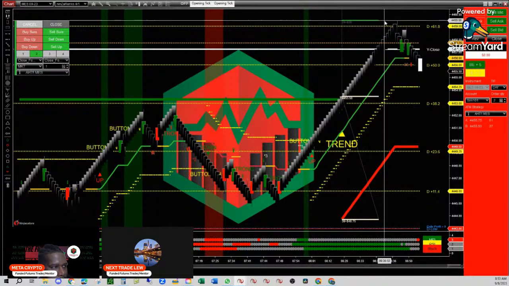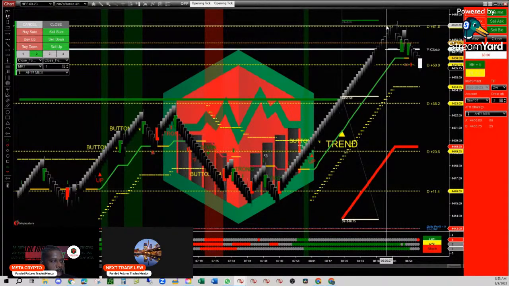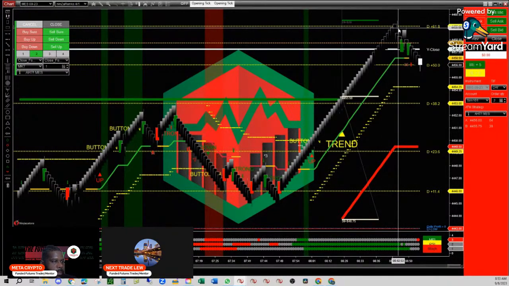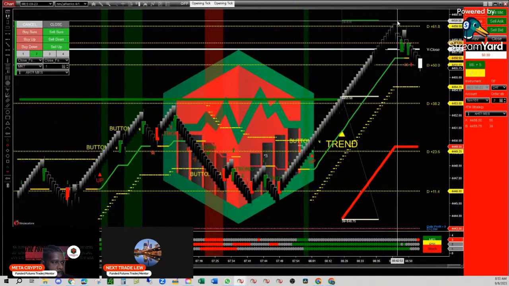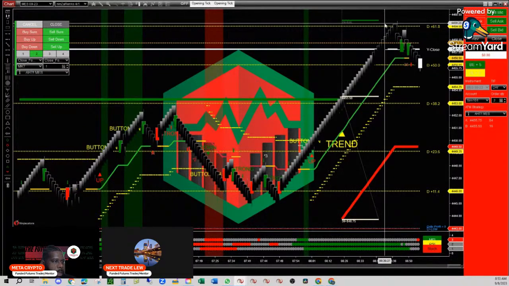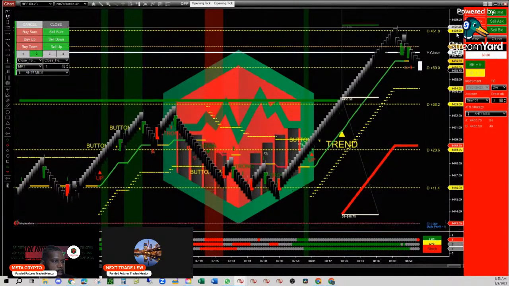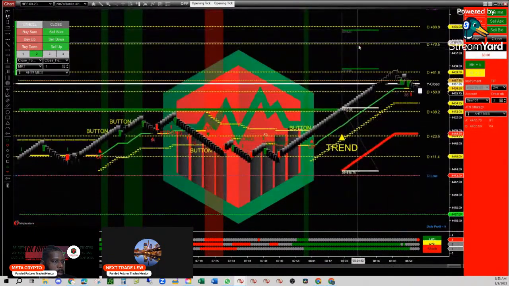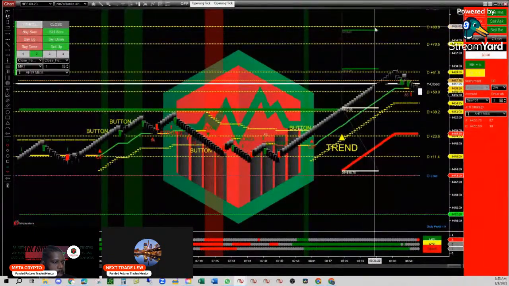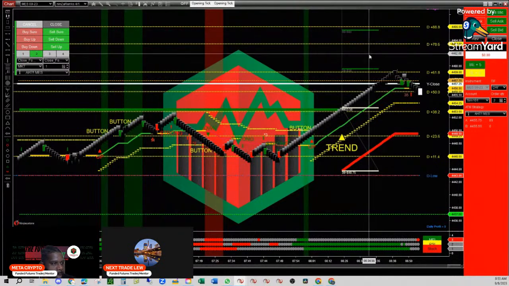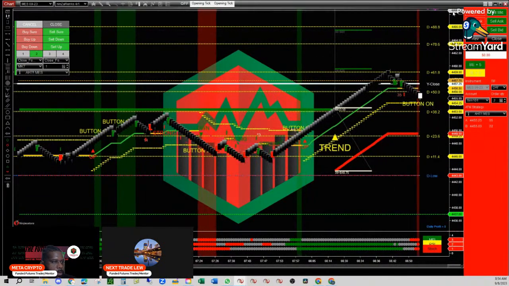I would have protected profit really at the 61.8 if I was able to get there, in hopes that it would hit my target. If I'm protecting here, I'm most likely going to move my target up here because you don't know if we're going to continue to run or not. And if you want to catch more of that move, you can.